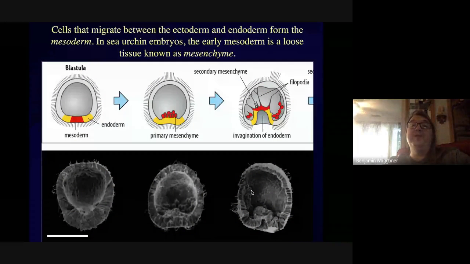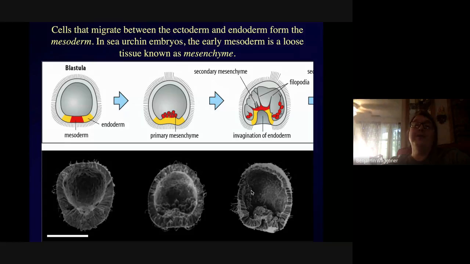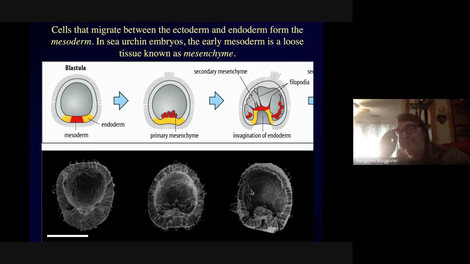The cells that migrate between the ectoderm and the endoderm are what give rise to the mesoderm. And in sea urchin embryos, very close to starfish, the early mesoderm is a kind of loose tissue, cells that are not tightly packed together, that happens to be called mesenchyme.